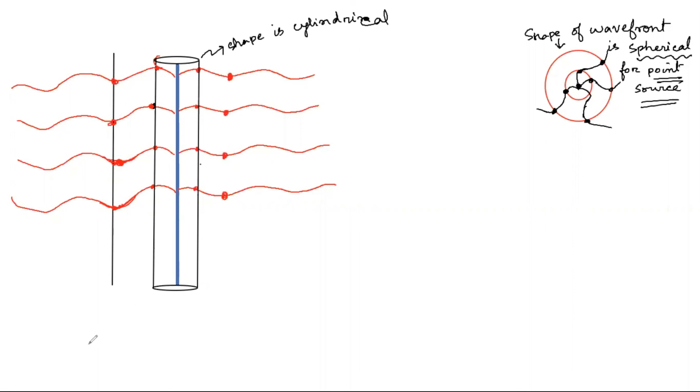If we join all these points, we are going to get our second wavefront. So the shape of the wavefront is cylindrical for a linear light source.